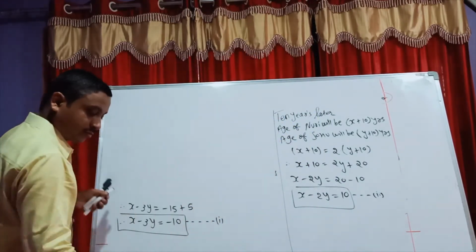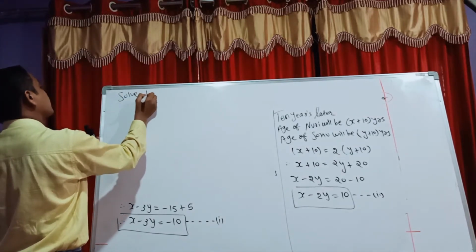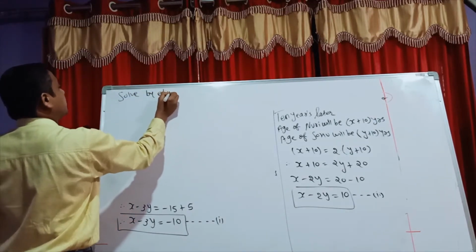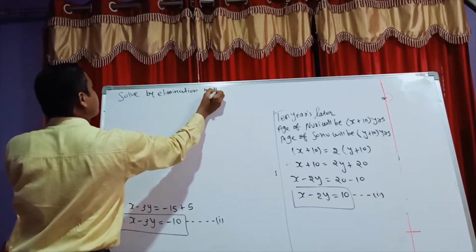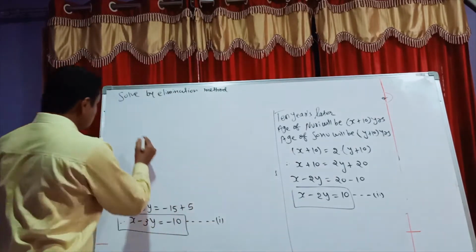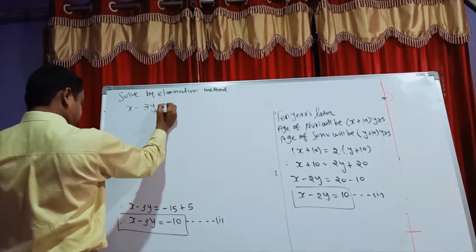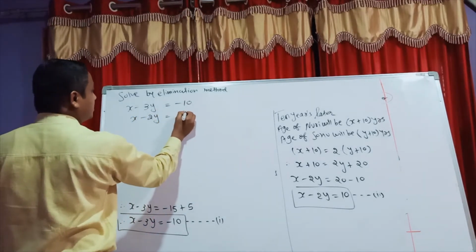So just starting, solve by elimination method. Look at that. What is the same? x and x are already the same. So I never multiply, it's directly going to the solution. x minus 2y is equal to 10.